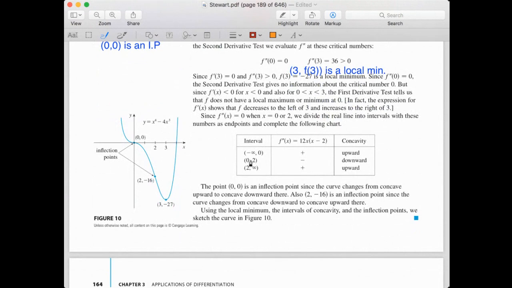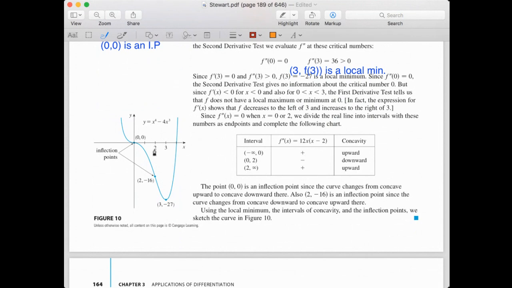Also, we can separate into intervals: from negative infinity up to 0, then from 0 to 2, then from 2 up to positive infinity. We evaluate the second derivative. In the first interval, the second derivative is positive, so it's concave up. In the second interval it is negative, so concave down. In the last interval it's positive again, so concave up.